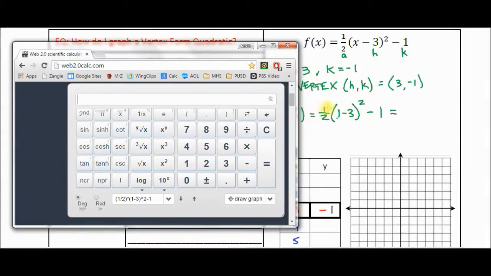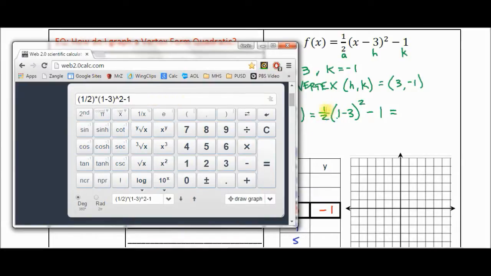And we're going to put that in our calculator in parentheses so it knows that this term is separate from the other term. So I'm going to put parentheses 1 divided by 2, close parentheses, that's multiplied by this. So I'm going to do times parenthesis 1 minus 3, close parenthesis, let's square that term, and then minus 1. So you can see we can do it all in one shot.